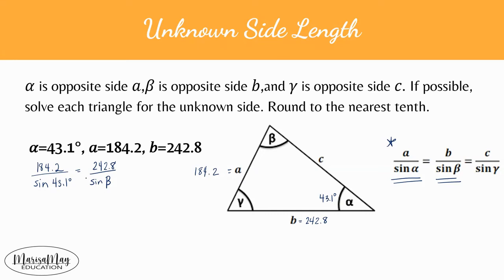So instead, let's cross multiply here. 184.2 sine of beta equals 242.8 sine of 43.1. Then to get sine of beta by itself, we'll divide by the 184.2.